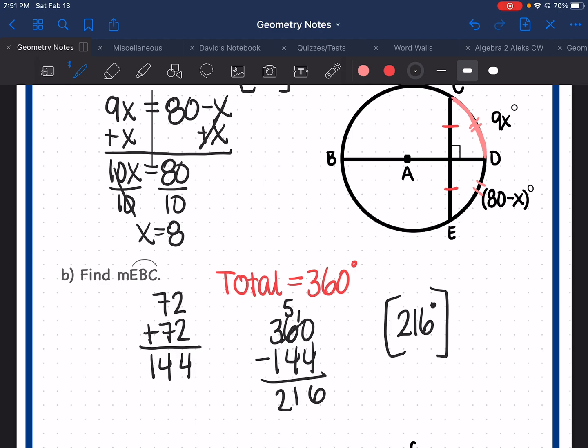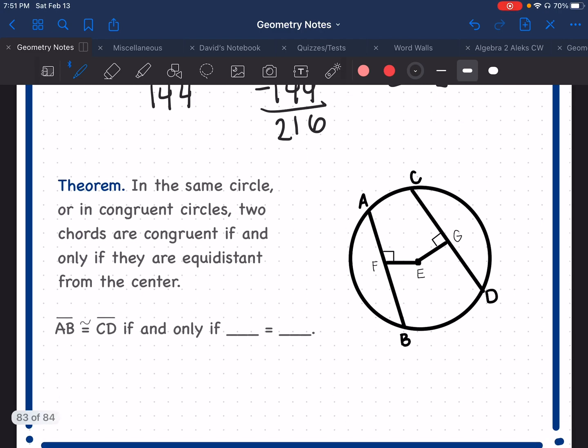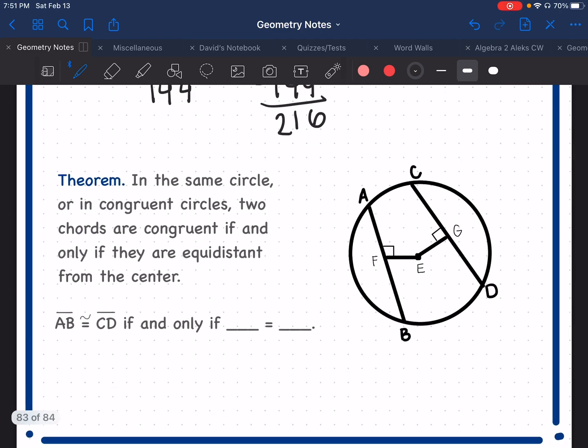All right, our final theorem for today says that in the same circle or in congruent circles, two chords are congruent if and only if they are equidistant, the same distance, equally away from the center.